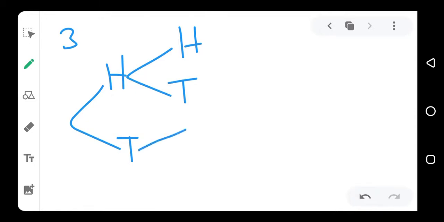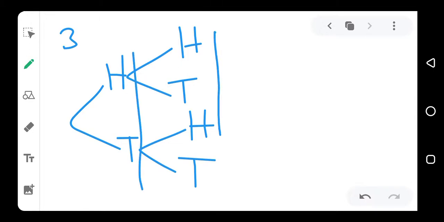This one also gives us head and tail. Then for the third level of coin, each of these also gives us 2 legs.